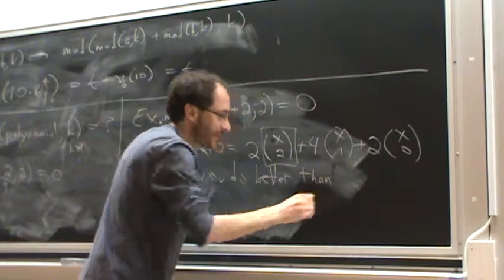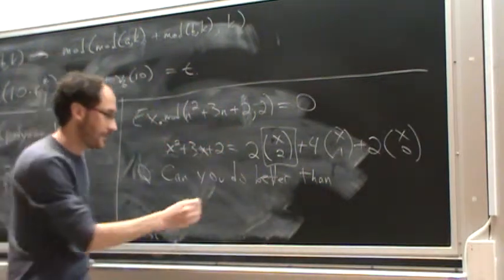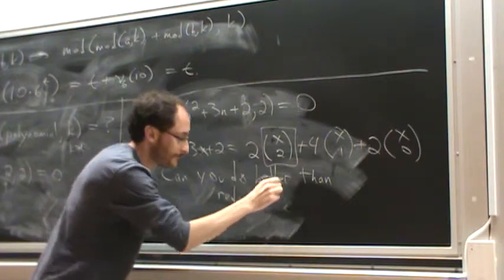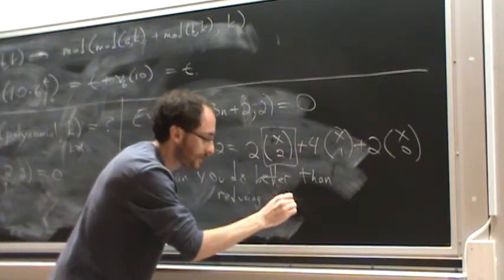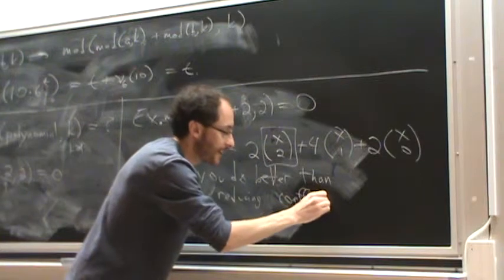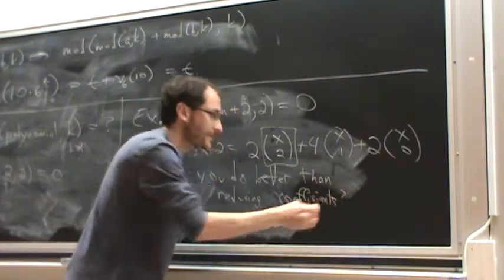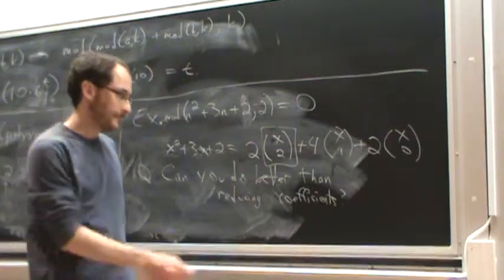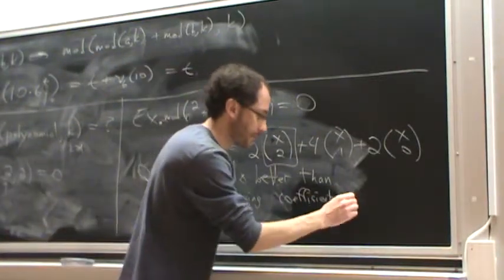I don't think it's a hard question, I just haven't thought about it that much. Can you do better than reducing the coefficients in the binomial basis? And then, of course, the question is, if not, then what will do? What is the best thing you can do?